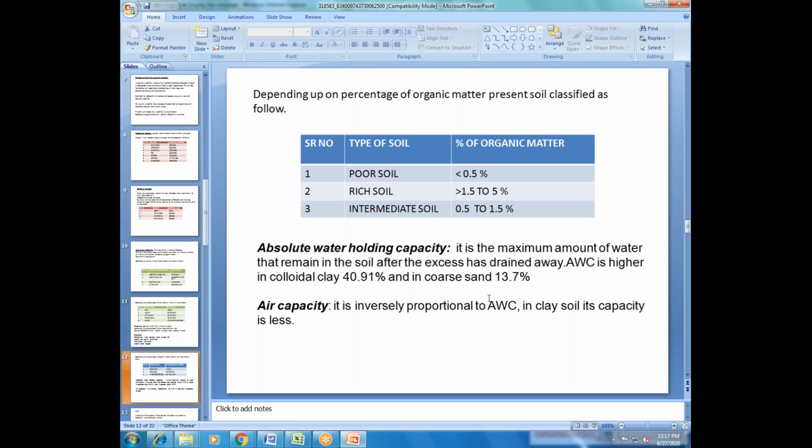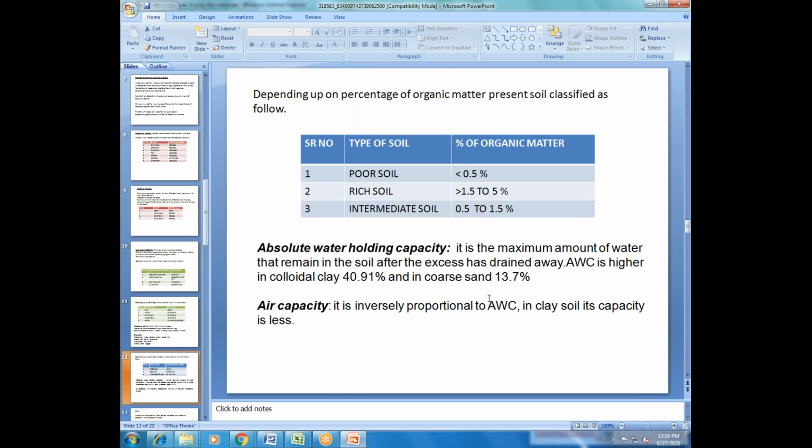Air capacity is inversely proportional to absolute water capacity: as the water holding capacity is more, the air capacity will be less. In clay soil, the air capacity is less because the porosity will be less. If you have seen clay soil, it just makes a paste, so it has less porosity and less air capacity.